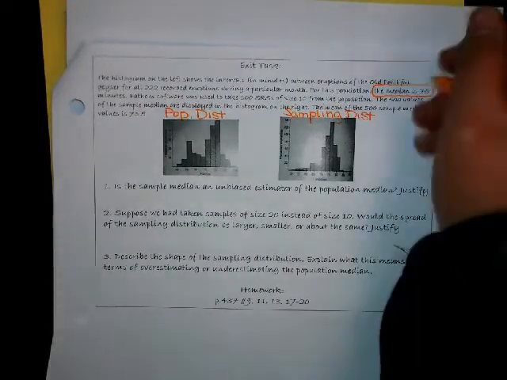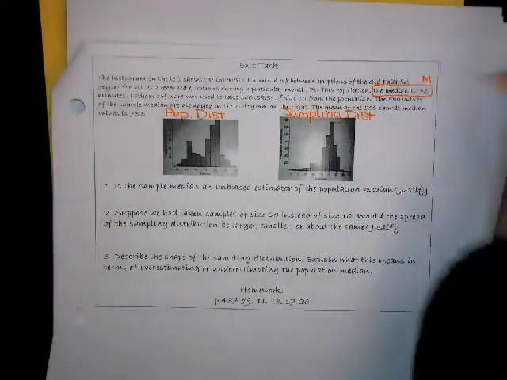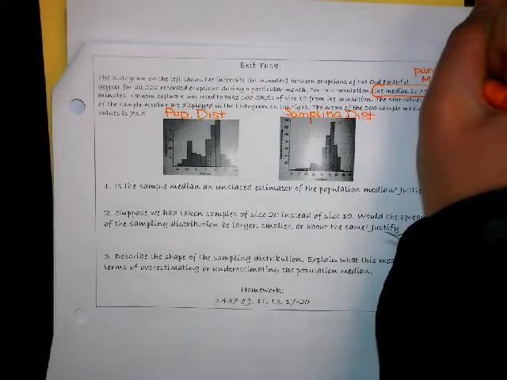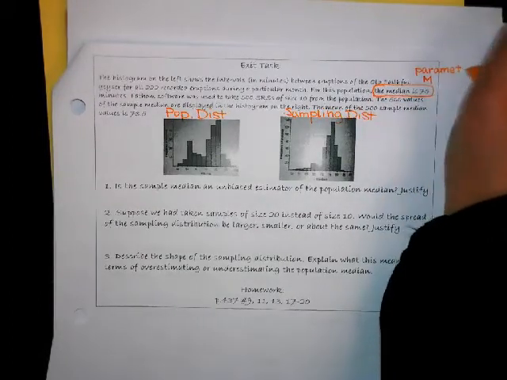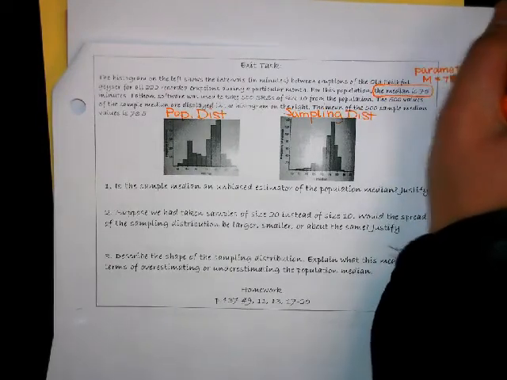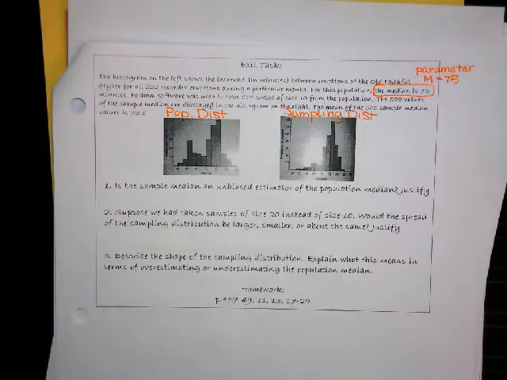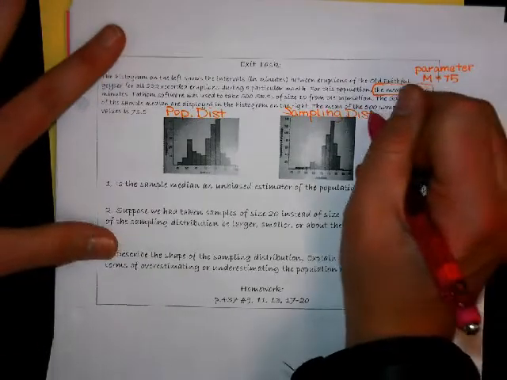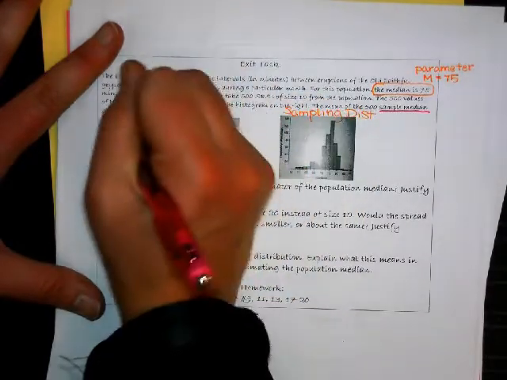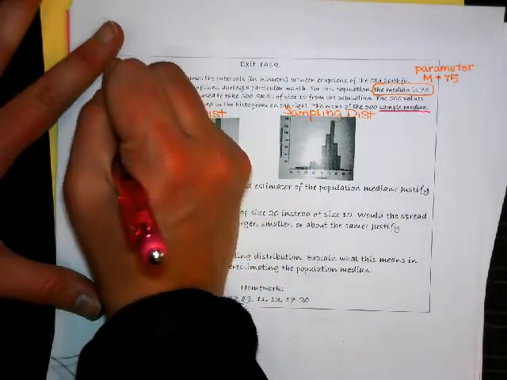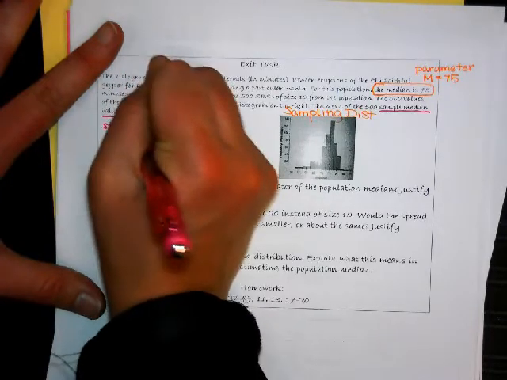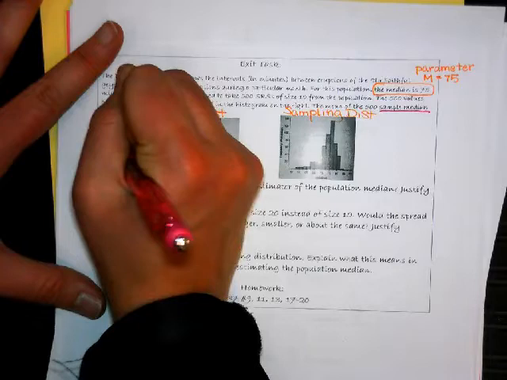And down here, they tell us that the mean of the 500 sample median values is 73.5. So our statistic, which for median we use little m, is 73.5. So we have our population distribution with our parameter. We have our sampling distribution with our statistic.